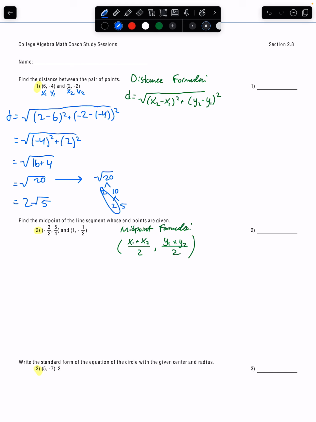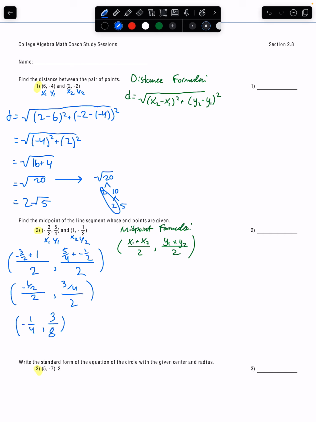And then we'll just take our points and plug it in. Then we just use our calculator. And that's what we get.